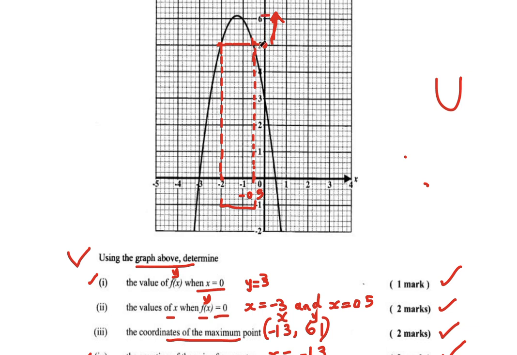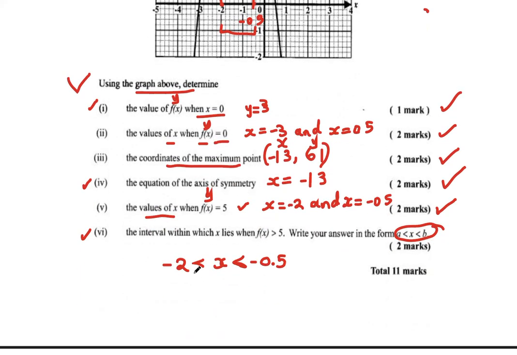From here upwards is where the y value is greater than 5, and the corresponding x values for that area of the curve would be this entire area between -2 and -0.5, excluding -2 and excluding -0.5, which is why we don't use 'or equal to' in these inequalities. And so that takes care of the problem.